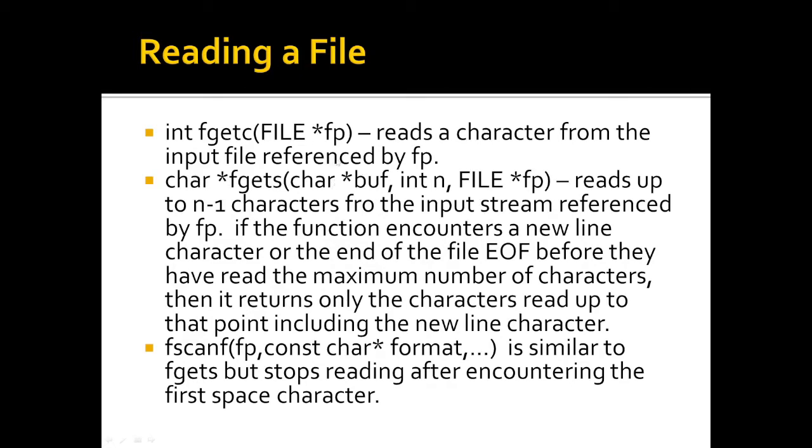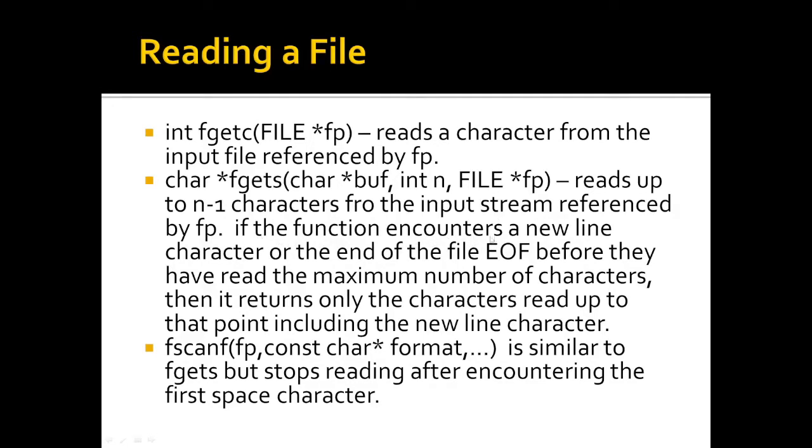We have here the character buffer, and then the length, or the maximum number of characters, and then the file reference. It reads up to n-1 characters from the input stream referenced by fp.